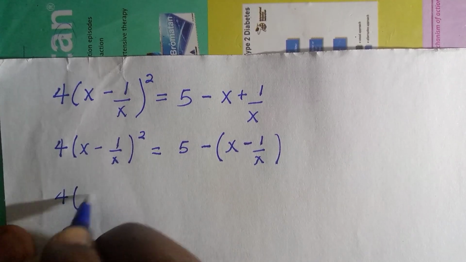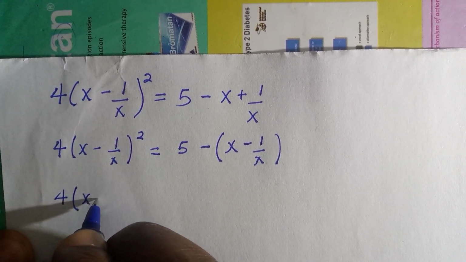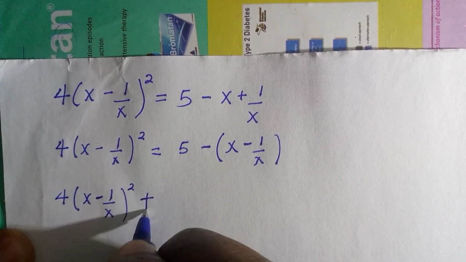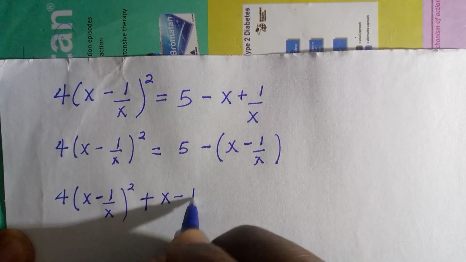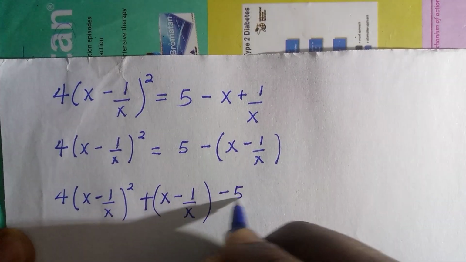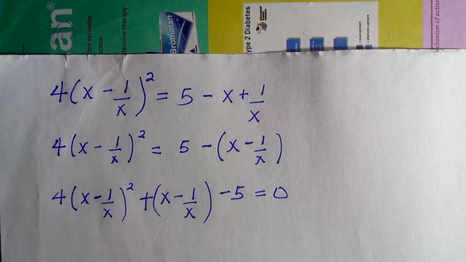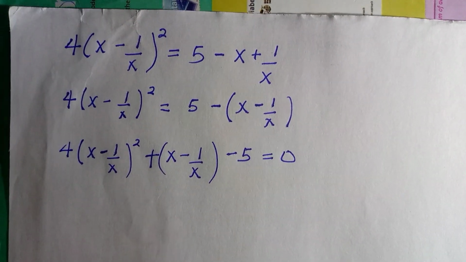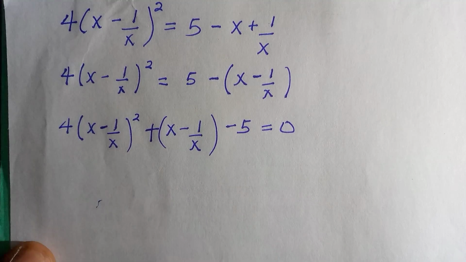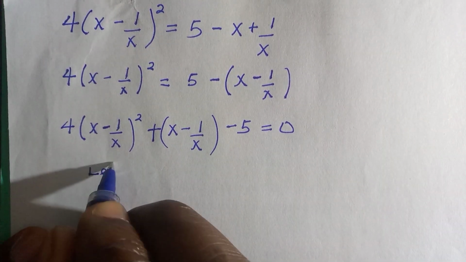Here we have 4 (x minus 1 divided by x) all squared plus (x minus 1 divided by x) minus 5 equals 0. The next step is we are going to let a particular letter, so I'm choosing a equals x minus 1 over x.